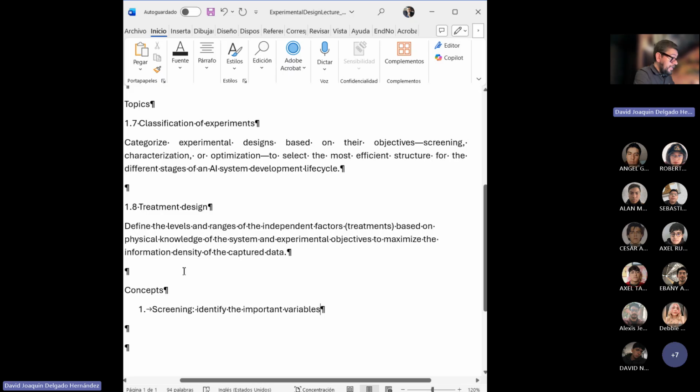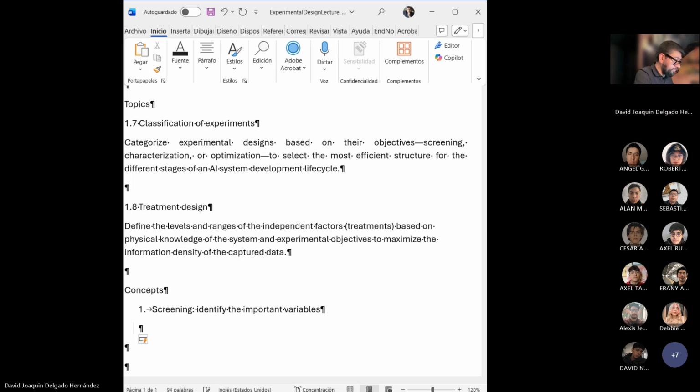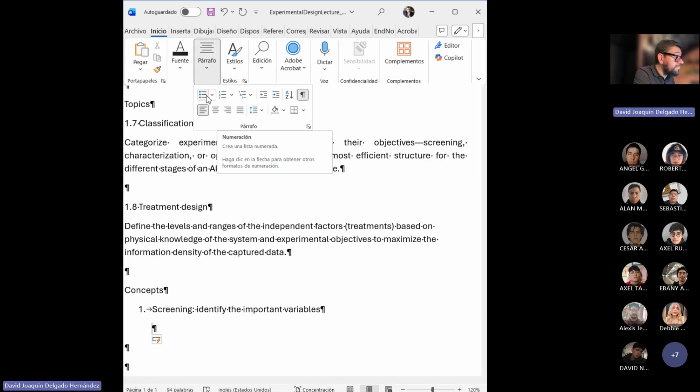For instance, if you remember the airplane example, so in the airplane example, let's put a bullet point.